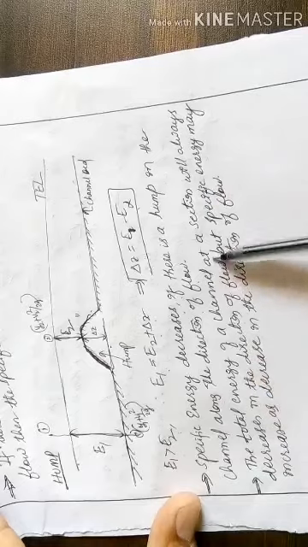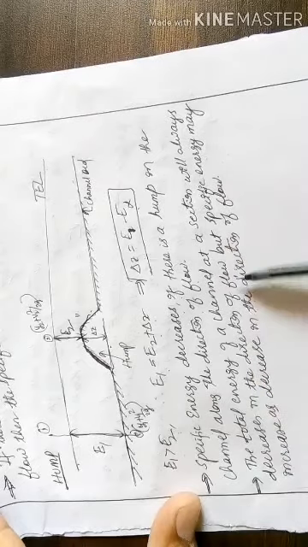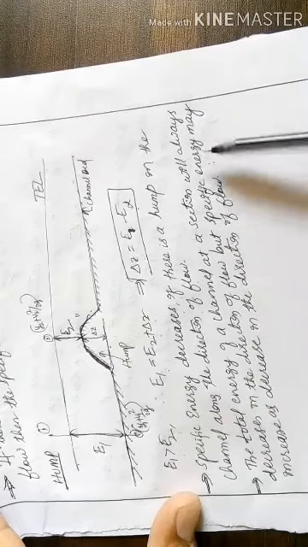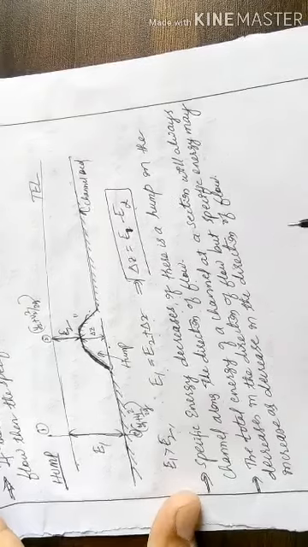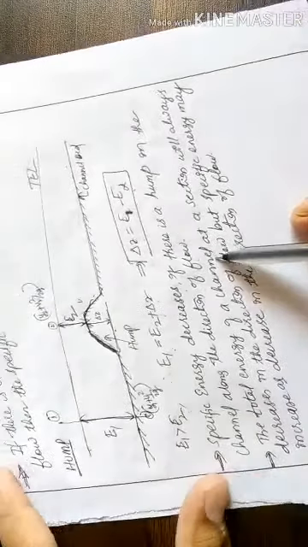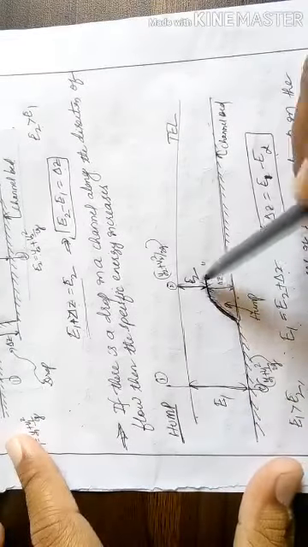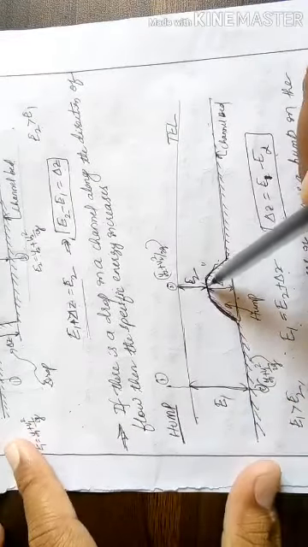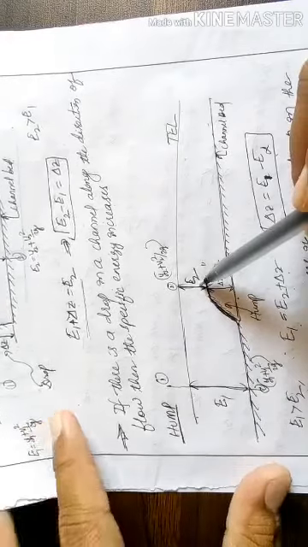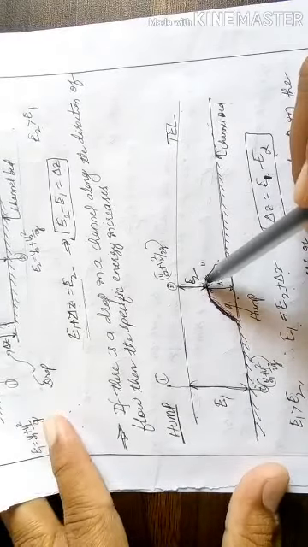The total energy of a channel at a section will always decrease in the direction of flow, but the specific energy may increase or decrease in the direction of flow, because the specific energy depends upon the depth of flow. Suppose the depth of flow suddenly decreases, then the energy decreases.